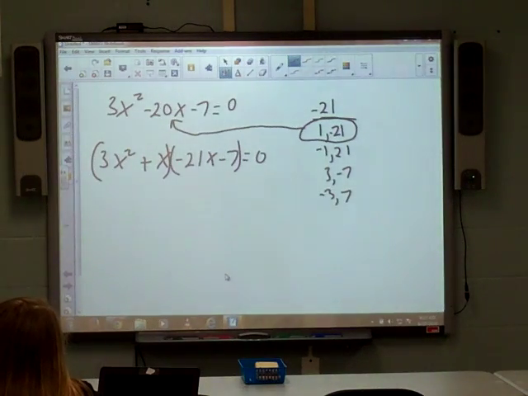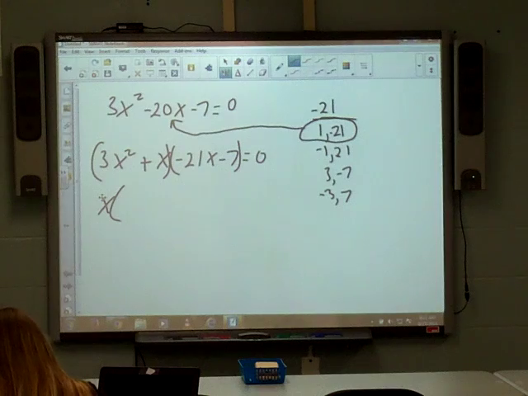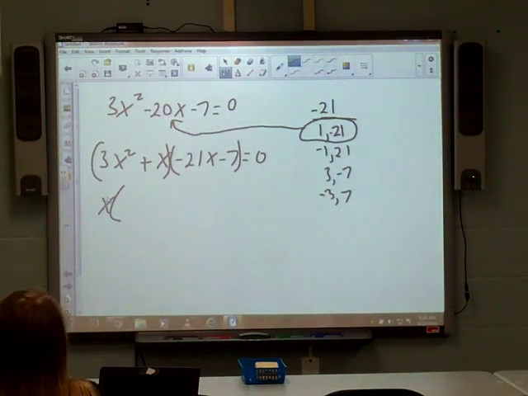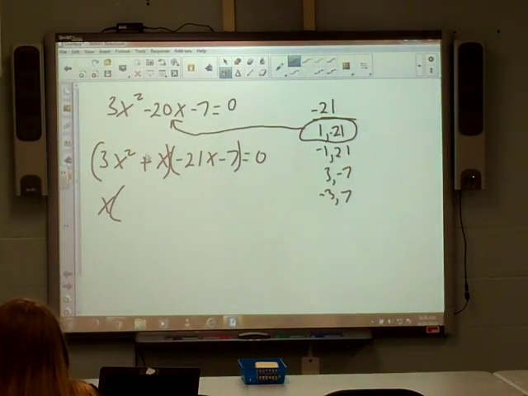What do 3x squared and x have in common? What do they share? 1x. So I'm going to put that x outside the parentheses, then divide everything inside the parentheses by what they had in common.